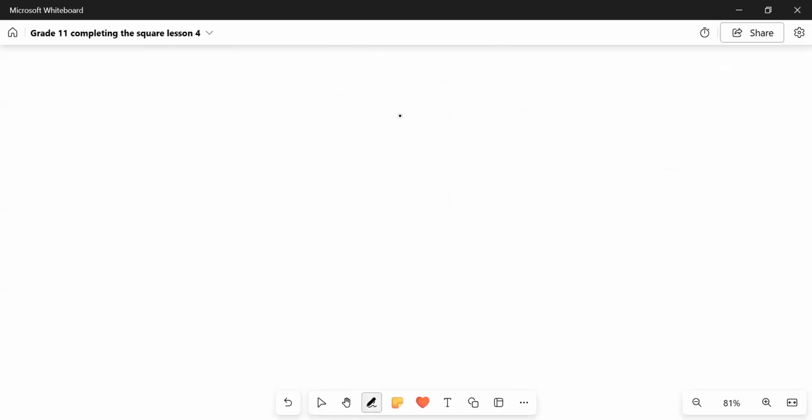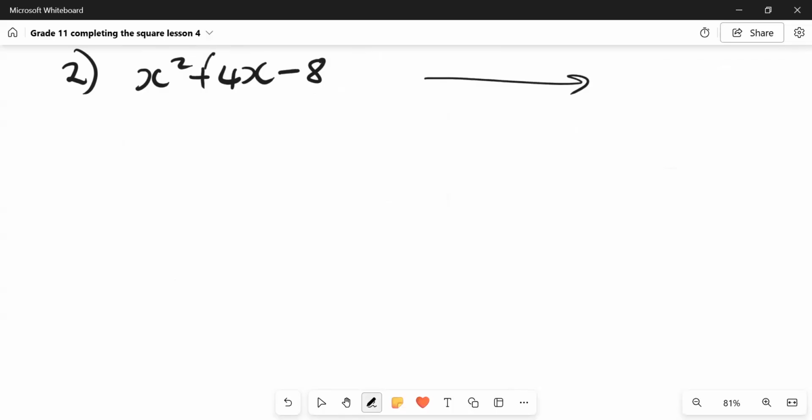Let's complete the square for example 2. This one will be a bit easier now. You have your x squared plus 4x minus 8 for those who did not understand, right? So this value here, that's 4 times 1 over 2, and then all squared. And then this will give us 2 squared, right?